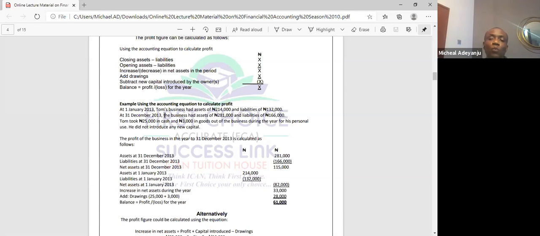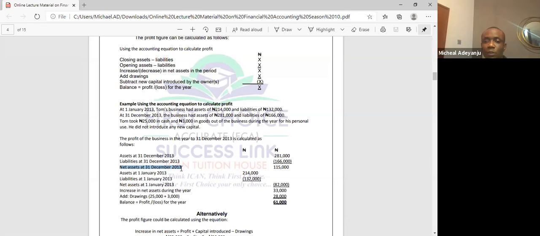So 281,000 minus 166,000 is equal to 115,000. This is your closing net assets. You can even see it: net assets as at December 2013, closing.